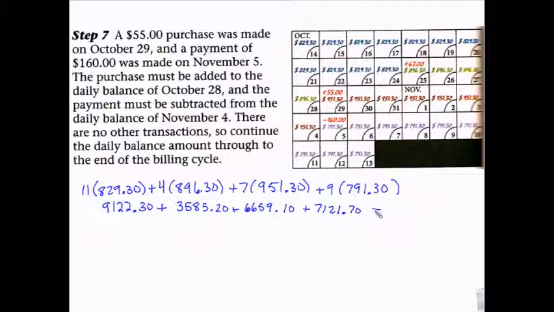And if you add all those together, you're going to get 26,488.30. But that's not your average, that's the sum of your daily balances. To find your average, you now divide that by 31 days, because it's a 31-day billing cycle. And dividing that by 31 days is going to give you 854.46, which is your average daily balance.